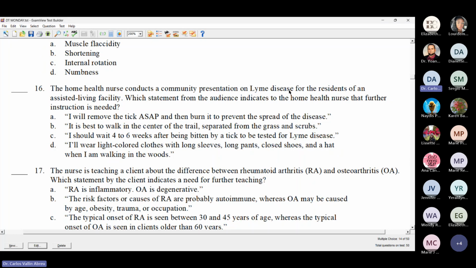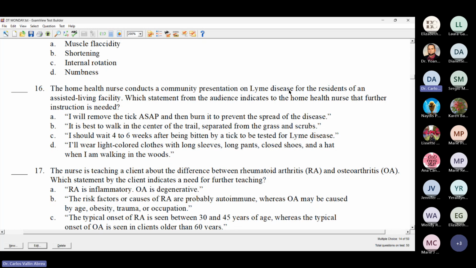The ticks are not common in the populated areas. The ticks are common in the forest. People need to enter the forest for camping, hiking, or for work in the area. And this is not the classical person that I find as a resident of an assisted living facility. That's why I was surprised.